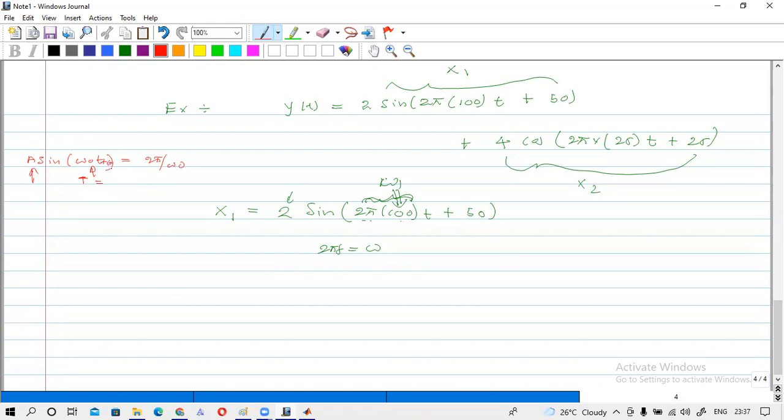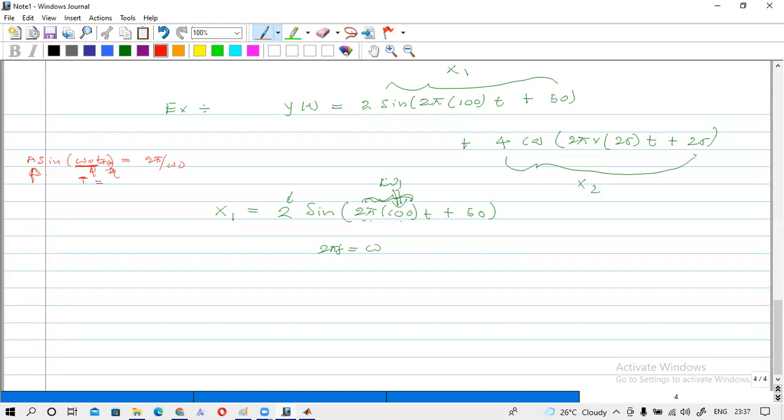The phase does not affect the period, and the amplitude also does not affect the period, only the frequency will affect the period.